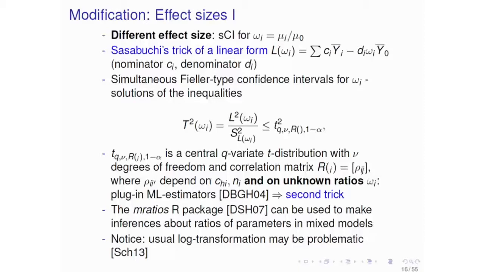And already 40 years ago, Sasabuchi had the trick. He reformulated the ratio into a linear form. So we are back in our theory. Fieller, 50 years ago, already realized it comes to a quadratic test statistic in that form. But the problem comes now. This correlation matrix depends now on the unknown ratios.